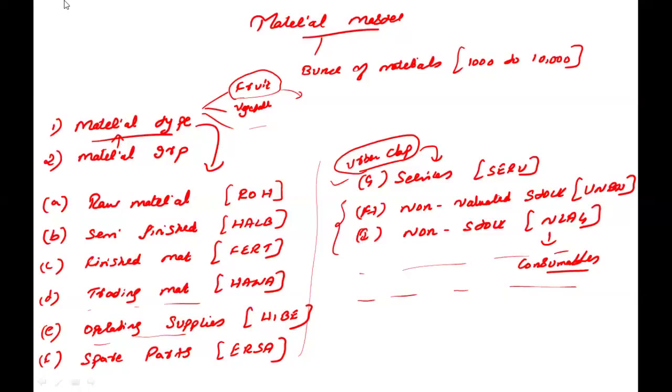Or if I don't want to buy it as a spare part, I don't want the material to be packed. When I buy the spare part, I will get a spare part which is packed and has an MRP. So if you want the supplier to use his own material and create a spare part and pack it for me, then it is going to fall under the spare part category.